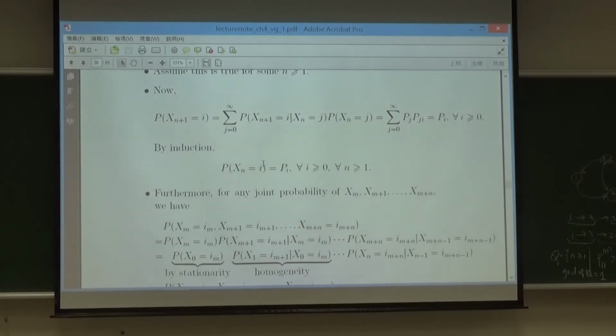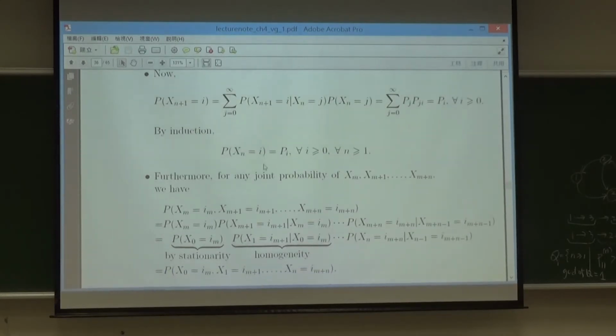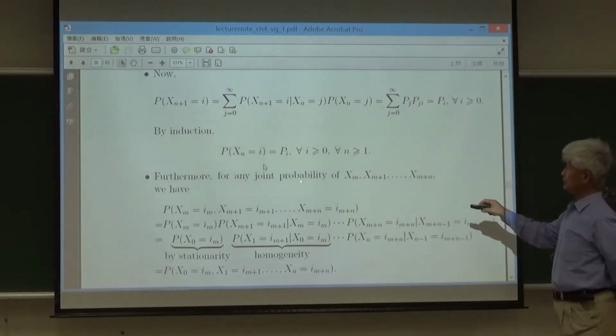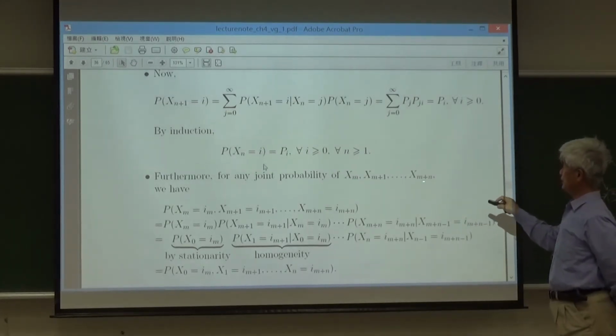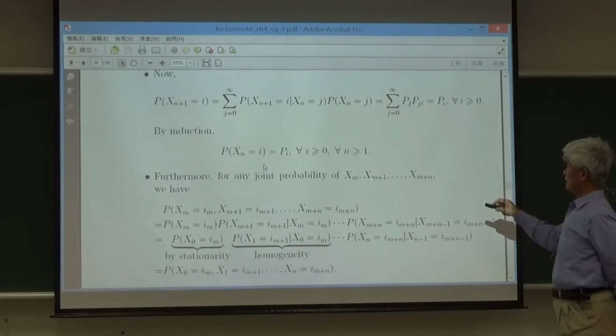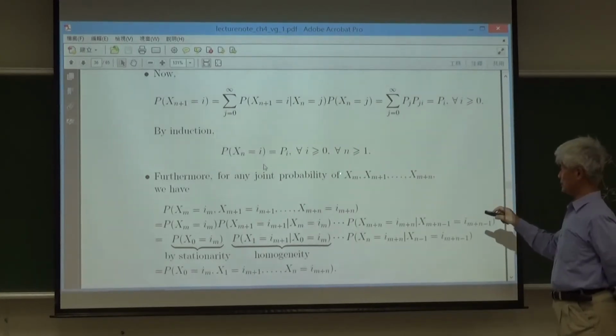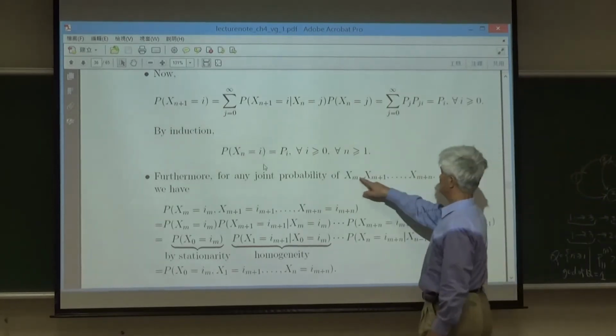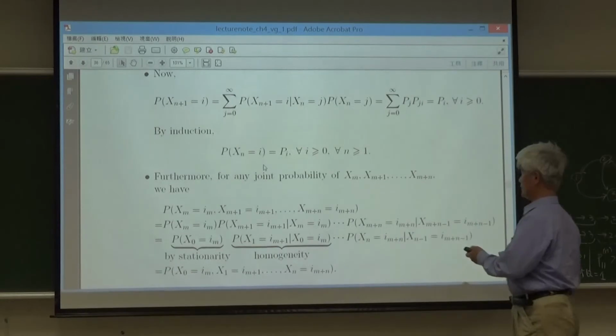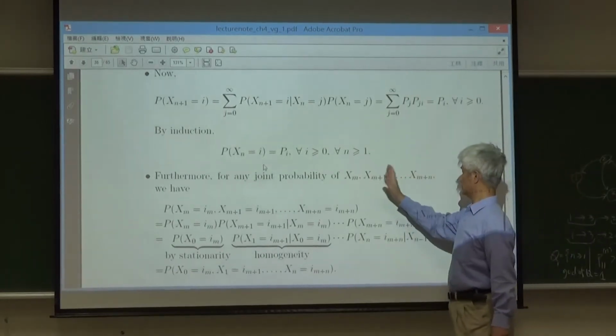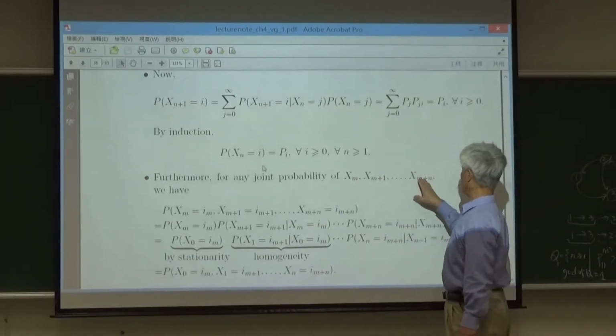And furthermore, we consider the joint probability of n plus 1 consecutive random variables in the Markov chain, from m to m plus n.